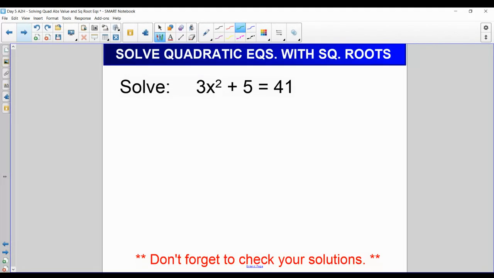So if I'm doing this one, 3x squared plus 5 equals 41, I'm going to solve this to get the x squared by itself. So I'm going to subtract 5. I'm going to divide by 3.